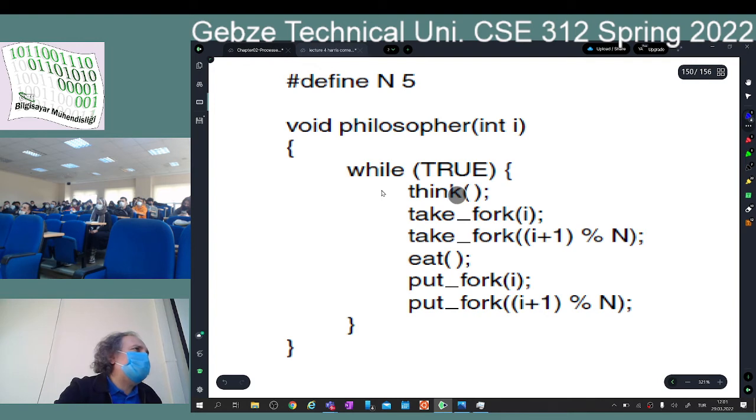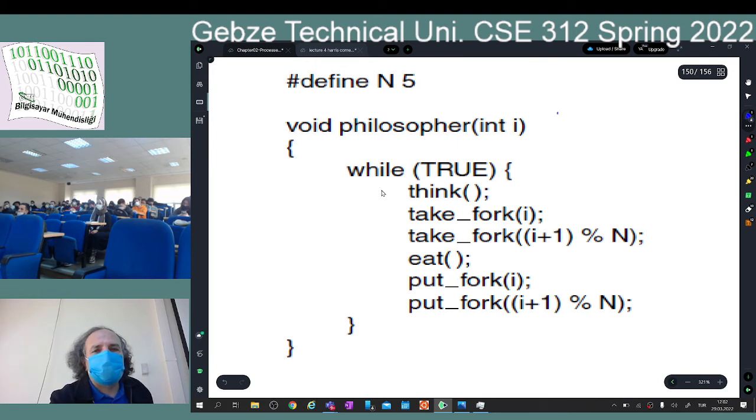To think, it doesn't need anything. It doesn't need any resources. But when he's hungry, he needs to take fork number 0 and he needs to take fork number 1.